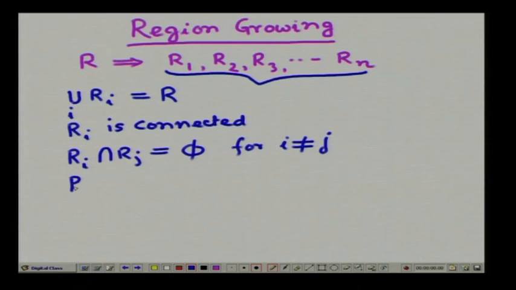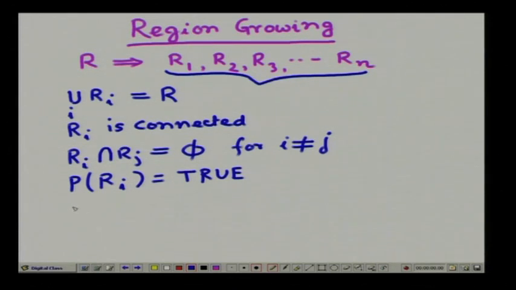Then, if I define a predicate, say P, over a region R i, that should be true, where this P is a logical predicate defined over the points in set R i, in this partition R i. So, for a single partition R i, this logical predicate P should be true.